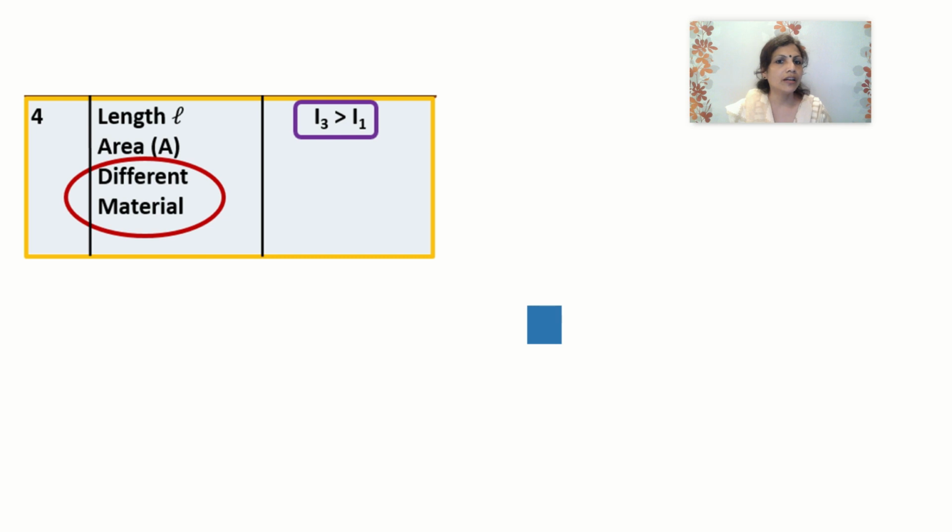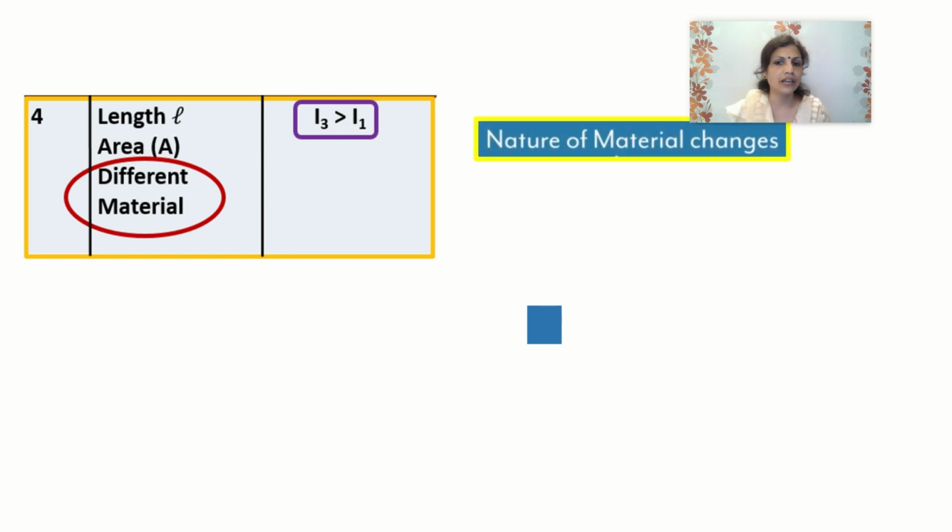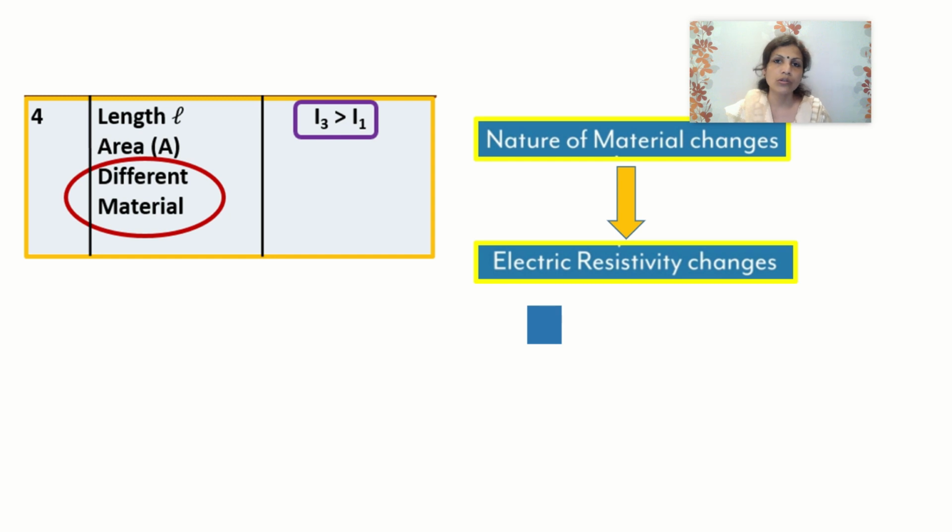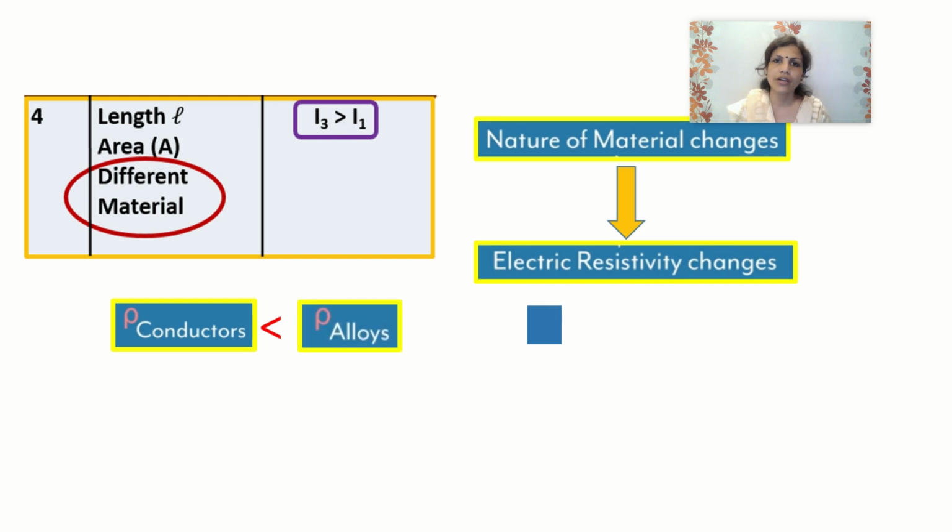So from this we can conclude that if we change the material, then the resistivity of the material also changes. So we can say that the resistivity of a conductor is less than the resistivity of an alloy, and it is less than the resistivity of an insulator.